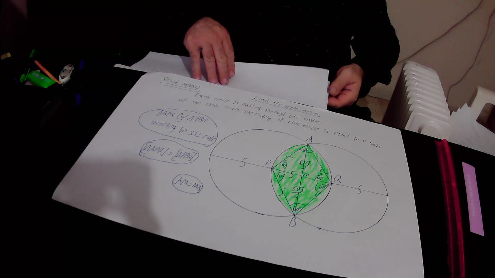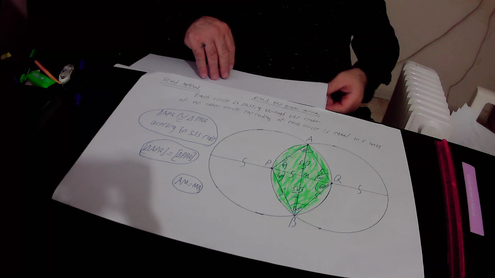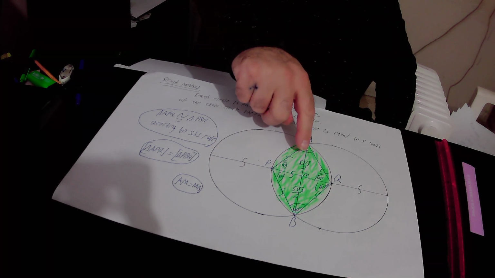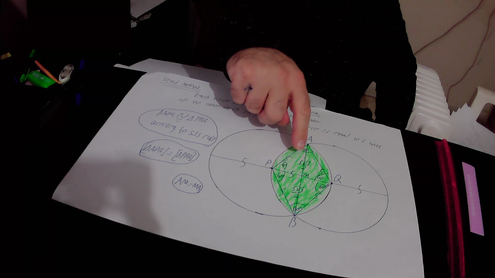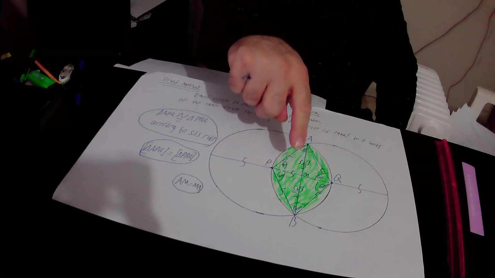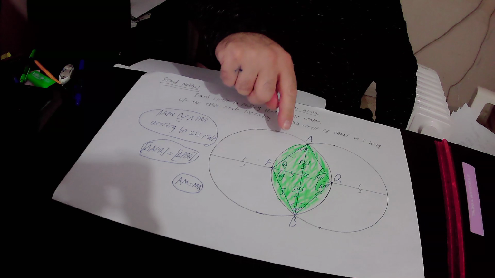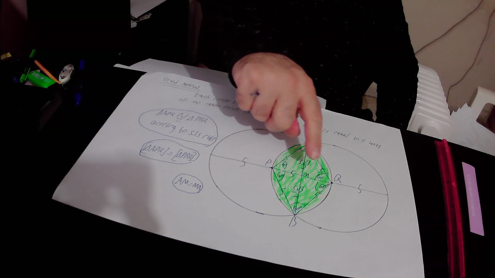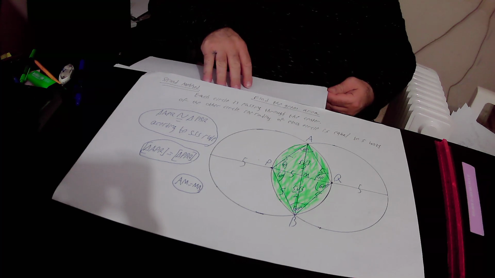And so what is the area of the green shape? The area of the green shape equals the area of triangle APQ plus the area of triangle PBQ plus the area of the 4 segments AP, PB, BQ and AQ.